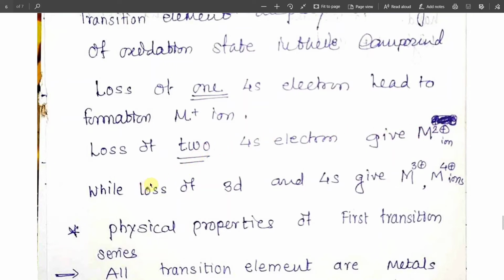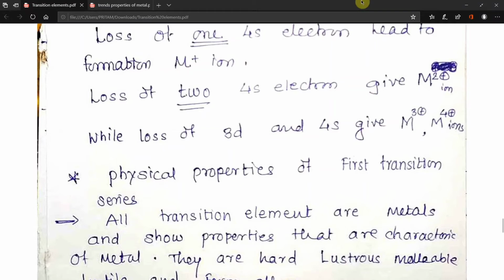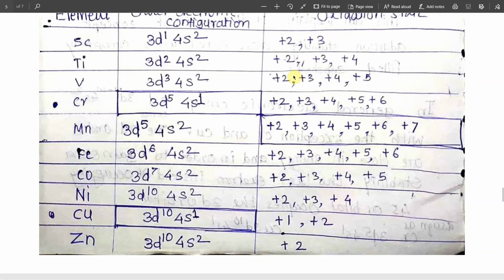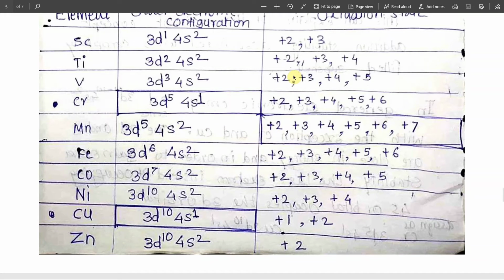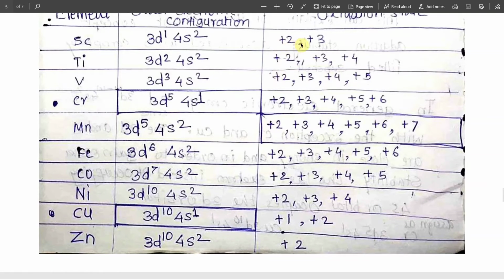Loss of two 4s electrons gives an M2+ ion, while loss of 3d and 4s electrons gives M3+ and M4+ ions. So these are the various types of oxidation states. They take part in bond formation, n-1 d bonding, covalent bonding.